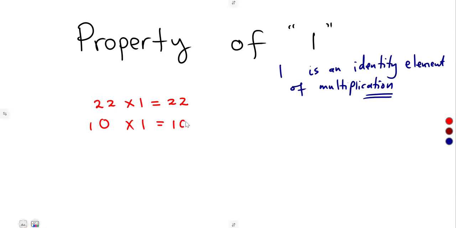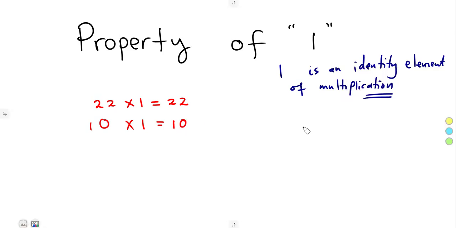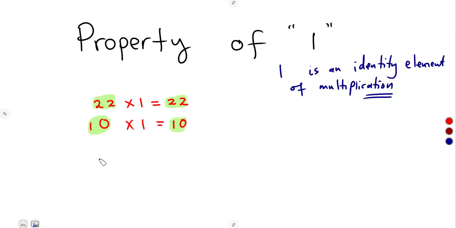It is 10. What exactly are we seeing here, guys? If this is 22, we are still having that. If this is 10, we still have that 10 here. So what if I'm having A times 1? It is still going to give me A.